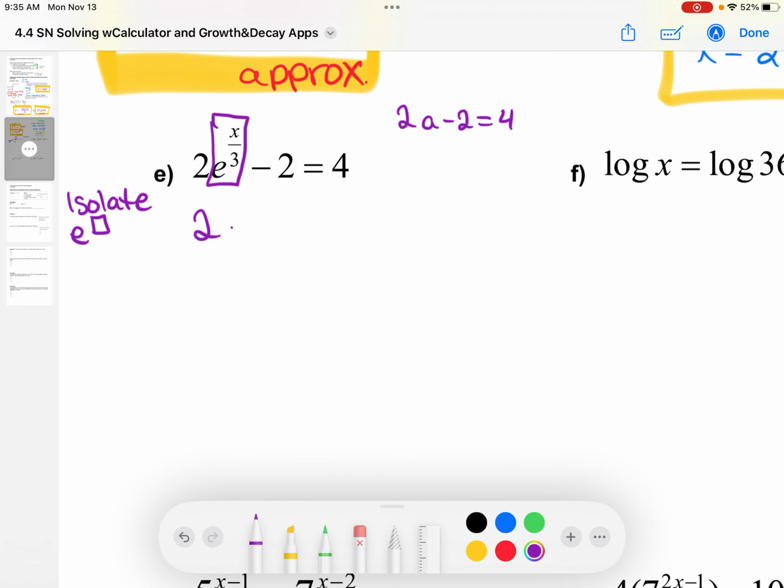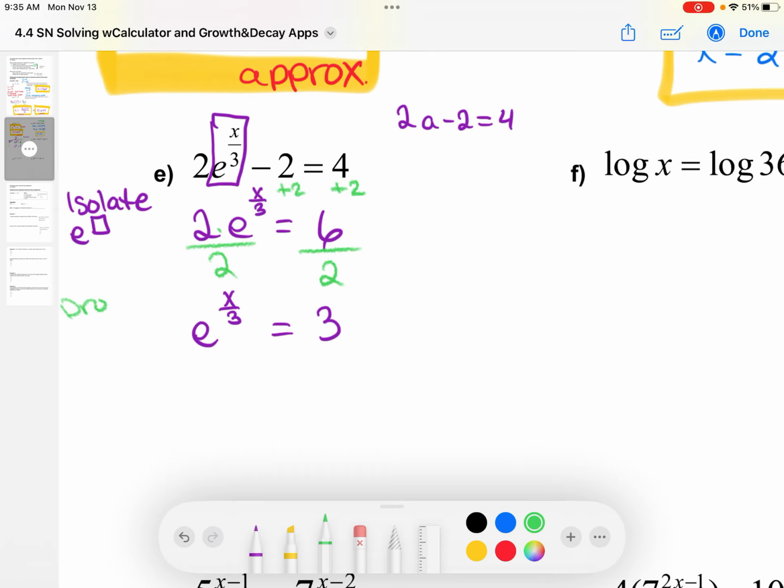So 2e to the x over 3 equals 6. We added the 2, and then we need to divide off this 2. This 2 is multiplying by the e. So e to the power of x over 3 equals 3. Now we can drop and cross to get the variable out of the exponent.